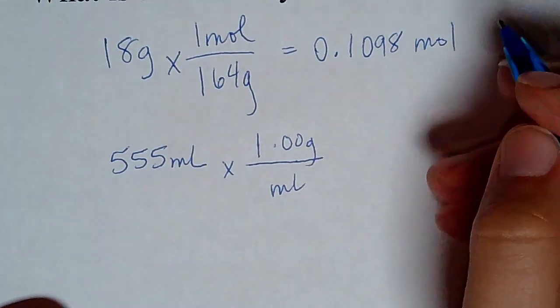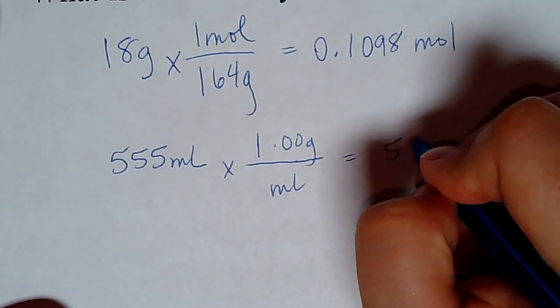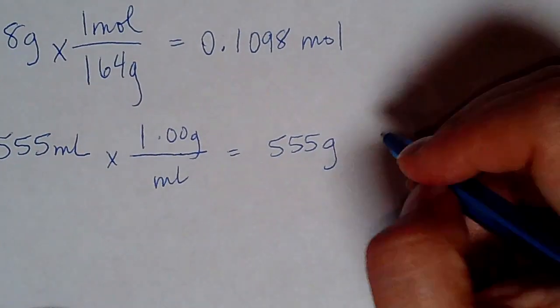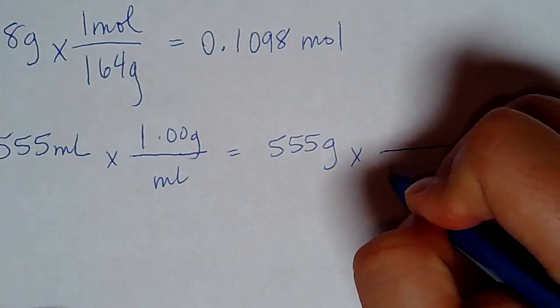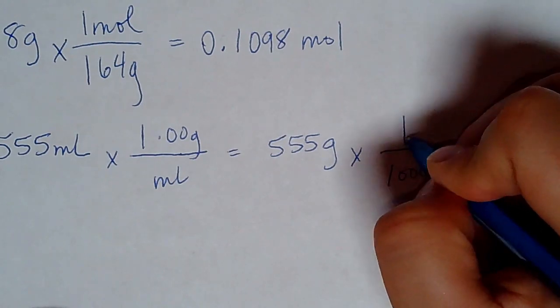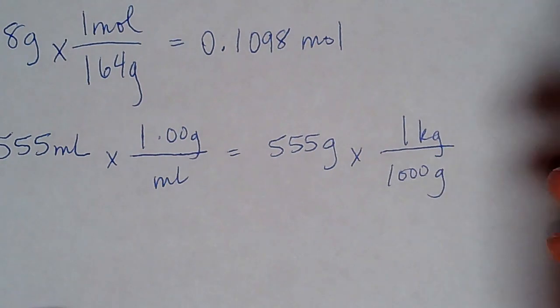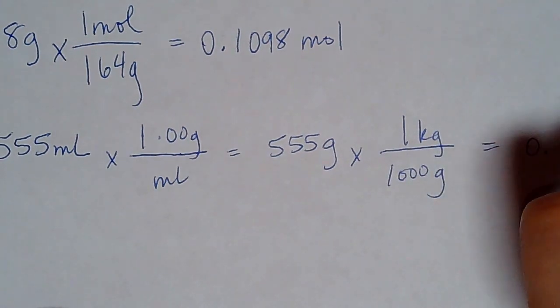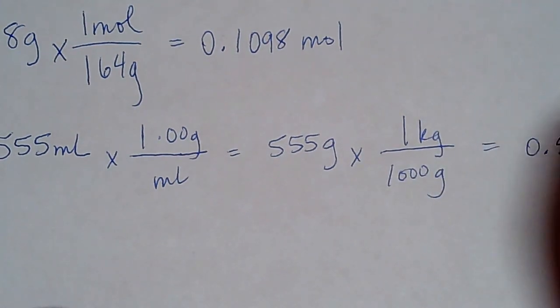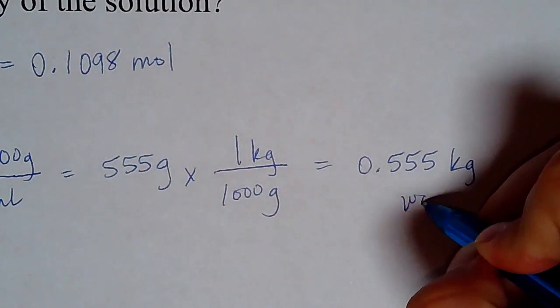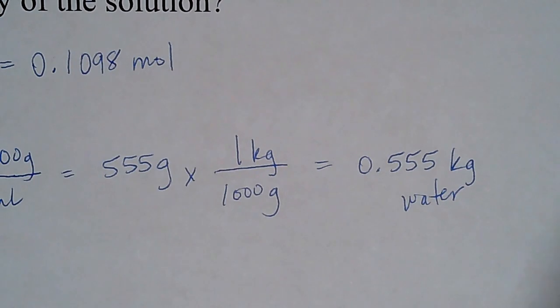So that's still going to be 555 grams for our water. And then we need to turn that into kilograms. Alright, so there's our conversion factor. So we have 0.555 kilograms of our water. And remember, solvent is what we need for this.